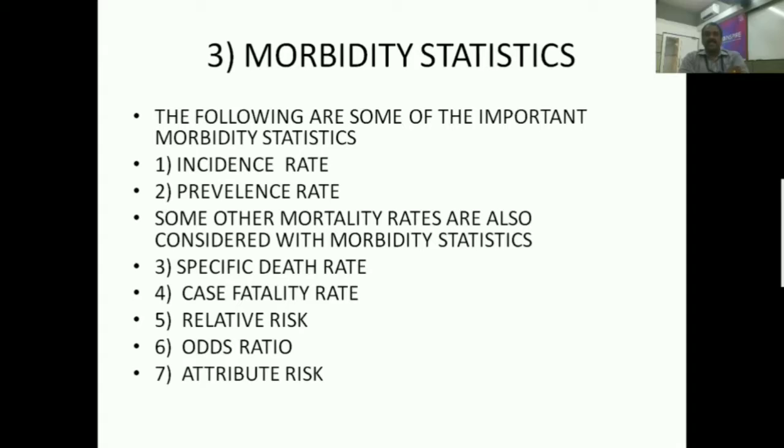With morbidity statistics, we are going to use some other mortality statistics and some other epidemiological measures also. We can consider those also as part of morbidity statistics.